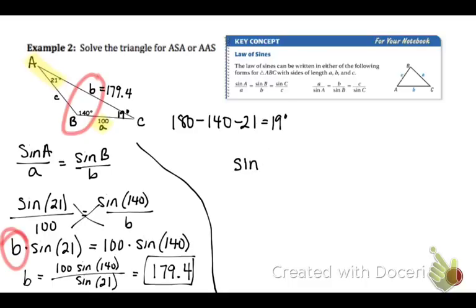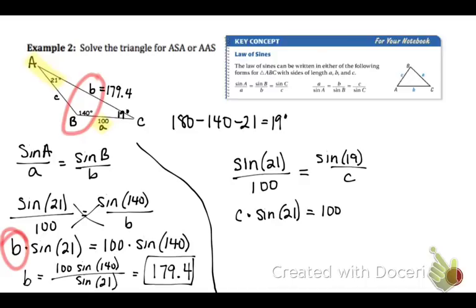So sine of 21 over side 100 equals sine of 19 over little c. Cross multiply. And then to get c alone, we're going to divide by sine of 21.